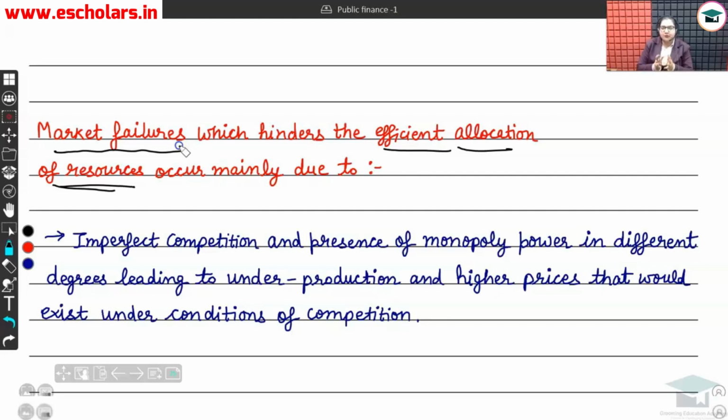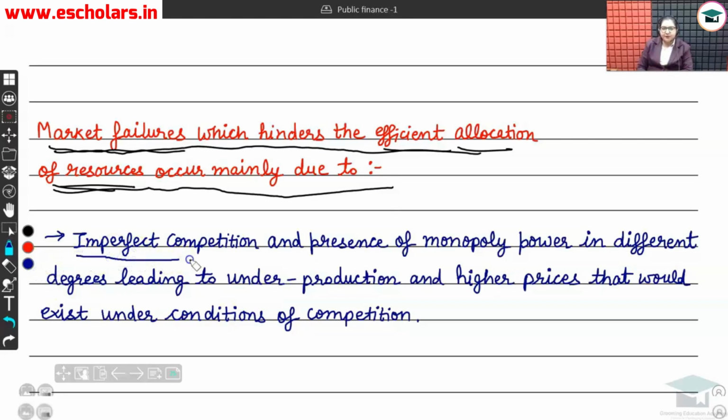Now let's talk about the reasons behind market failures. So let's have a look at the market failures which hinder the efficient allocation of resources, and which occur mainly due to several reasons. Some of them are: first, presence of imperfect competition in the market. See students, as I've already told you, in real life we do not have the perfectly competitive market, and efficient allocation of resources is only possible in a perfectly competitive market.